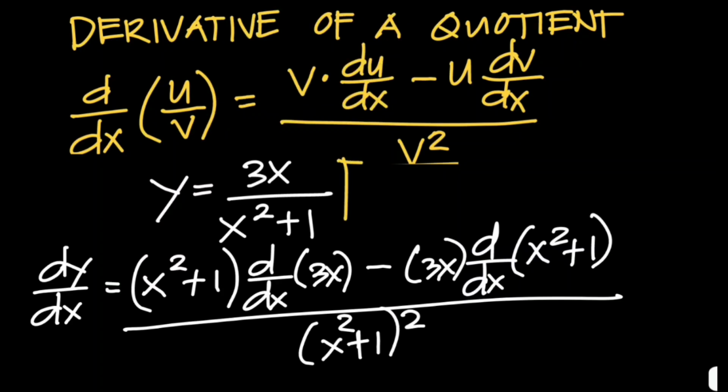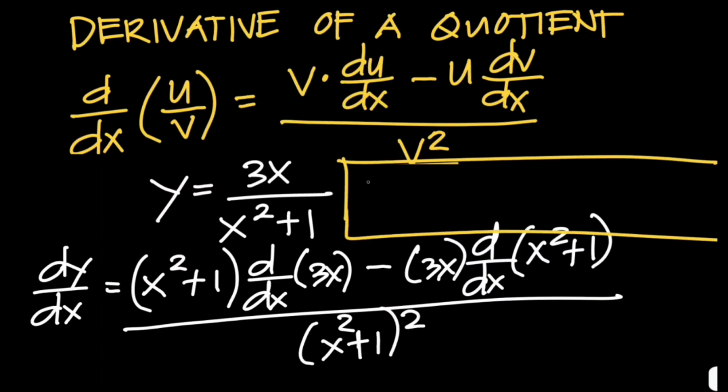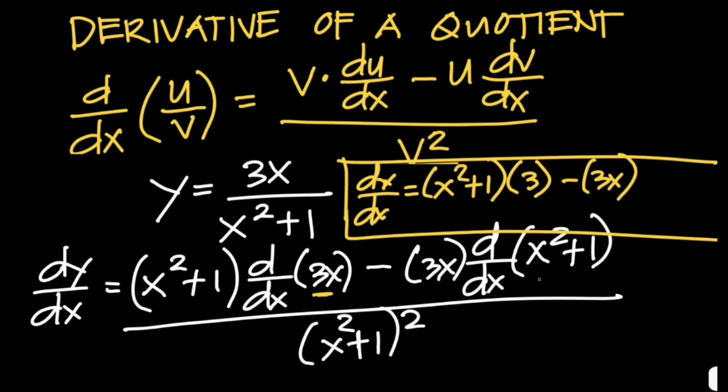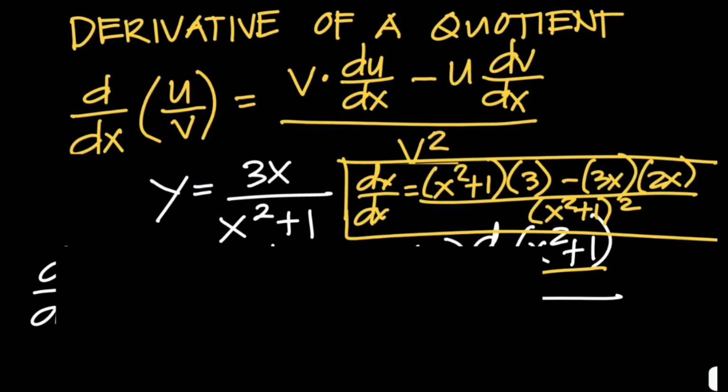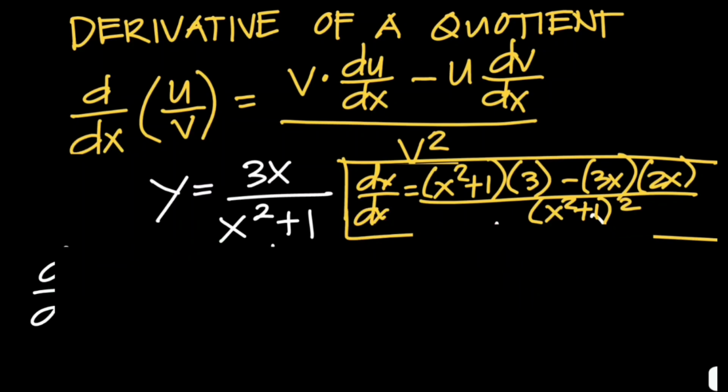Right, and this would become dy over dx equals x squared plus 1 times the derivative of 3x, which is just 3, so 3 times 1 is 3. Minus 3x times the derivative of x squared plus 1, which is 2x plus 0, or just 2x, over x squared plus 1 squared.